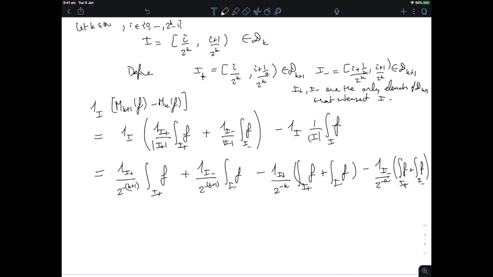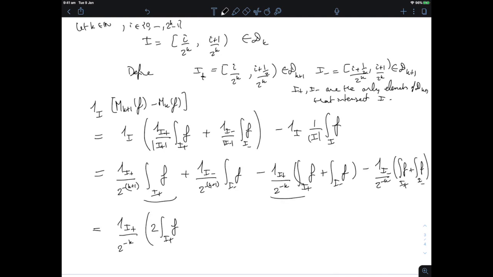Okay. Now let's try to group these things together and see what we get on I plus and what we get on I minus. So on I plus, if we normalize by 2 to the minus k, we get 2 times the integral of f on I plus from here.